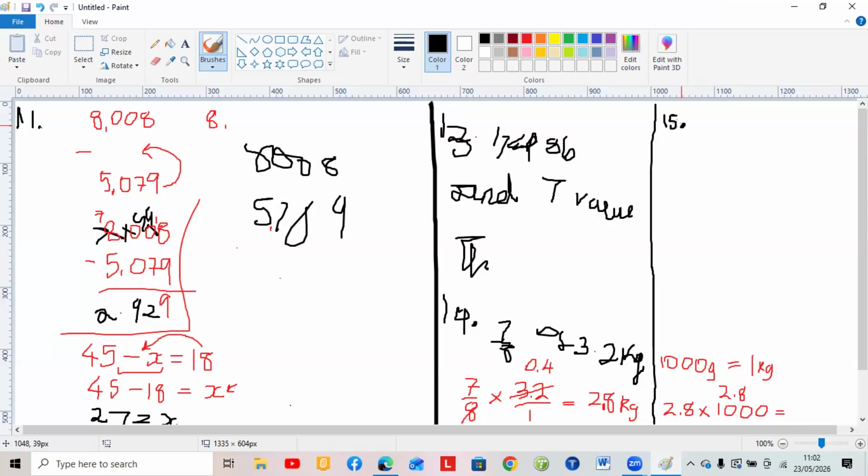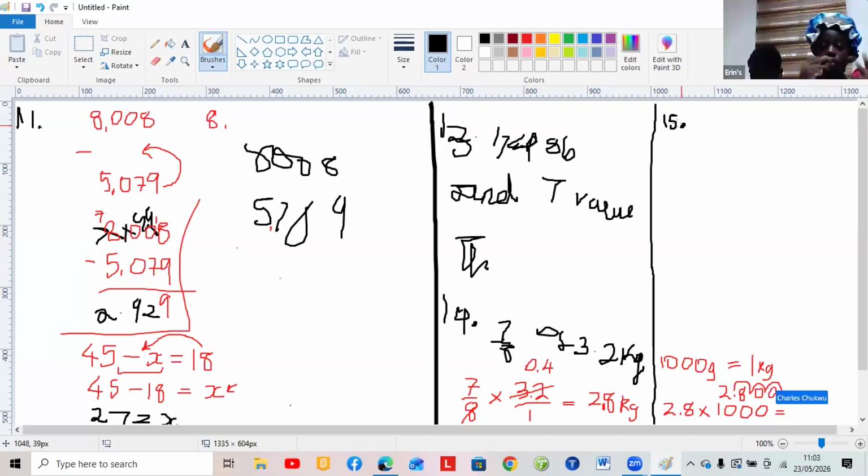Yes, that's correct. It's 2,800 because the decimal point will move to the right. In 1,000 there are 3 zeros, so we have to move the decimal place 3 times.